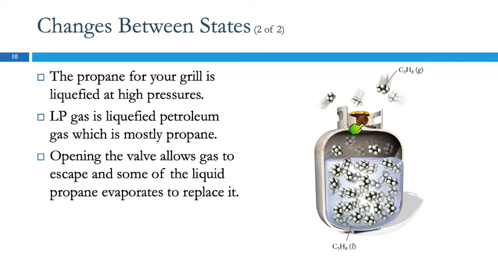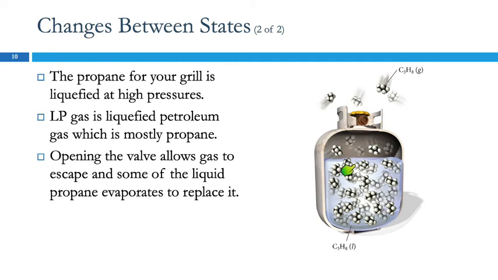So this tank here will contain enough gas to grill a whole bunch of hamburgers, right? Whereas if you were buying it in the gas state, you'd need this huge container to get enough gas to do that. So this is the liquid, and the liquid does evaporate into the gas state, so there's going to be some gas up here.